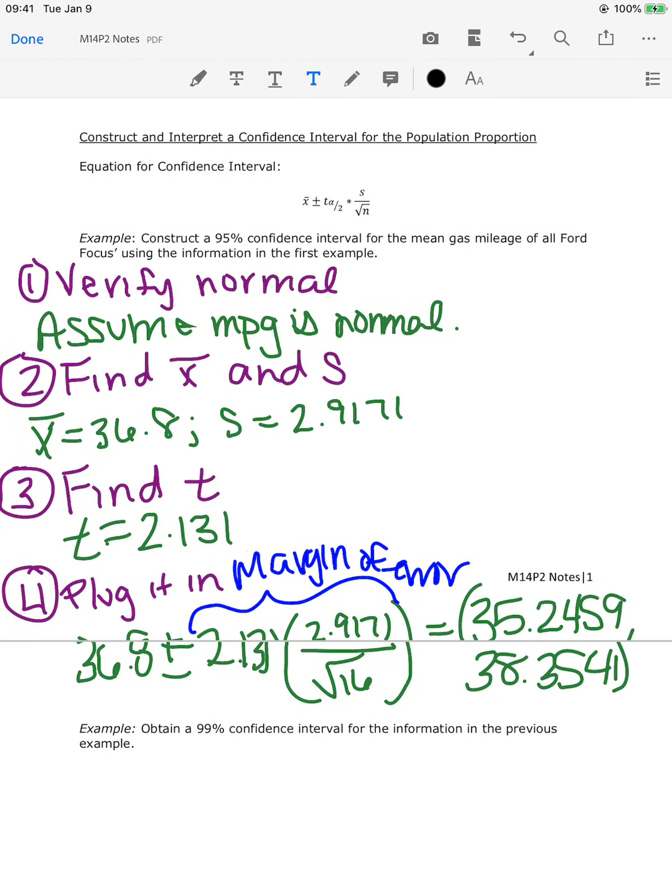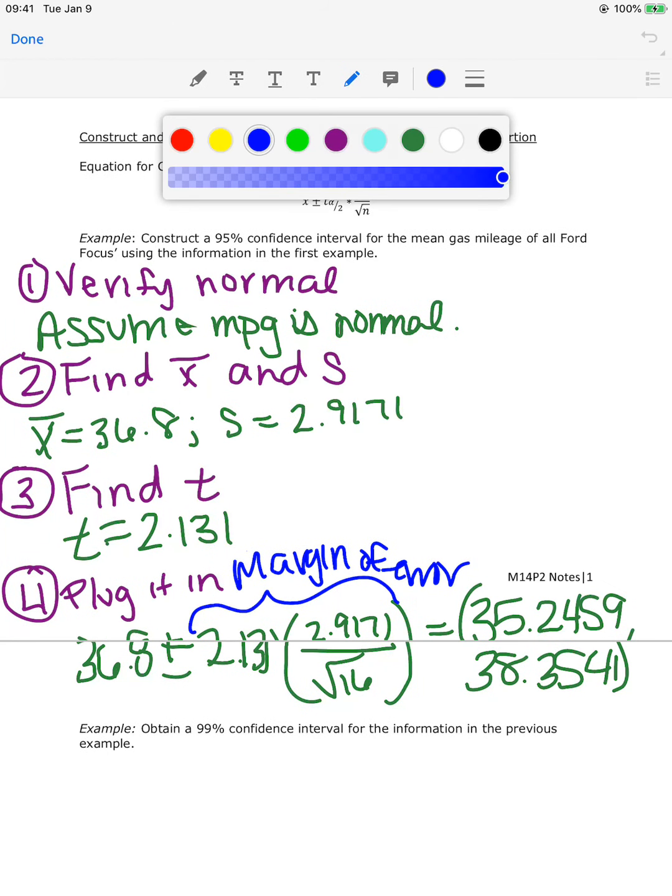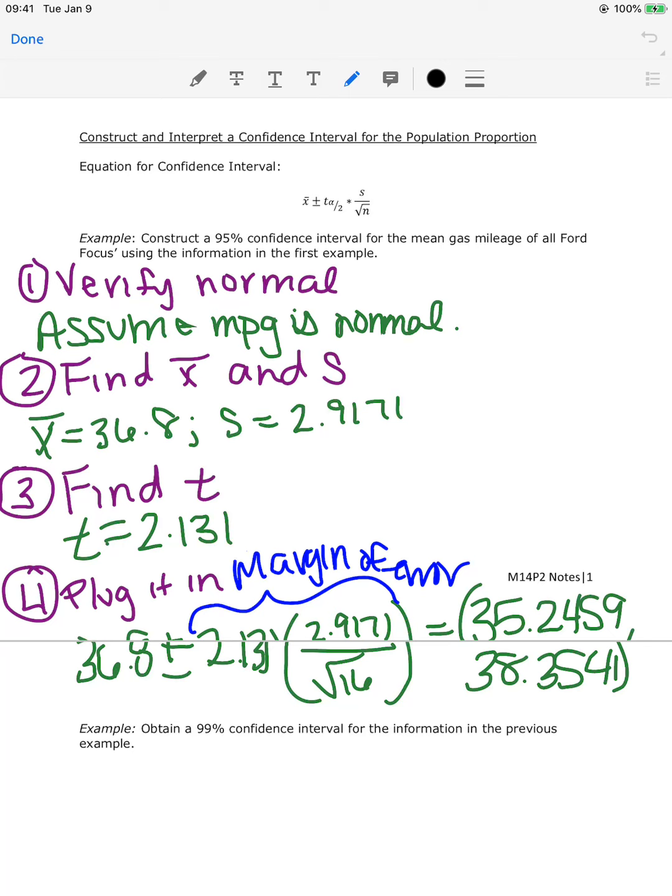All right, and the very last thing I'm going to do is write out an interpretation. It's going to be very similar to the interpretations for proportions.